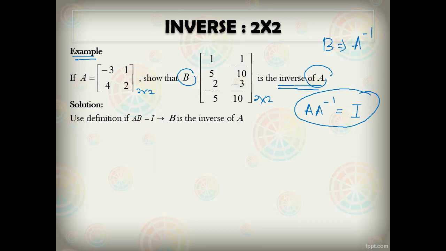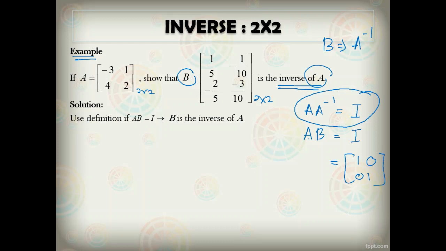Here we have A, and A minus 1 here is B. So we must show that A multiplied with B gives the identity matrix, which is 1 0 0 1.